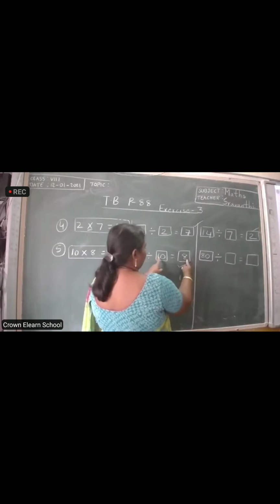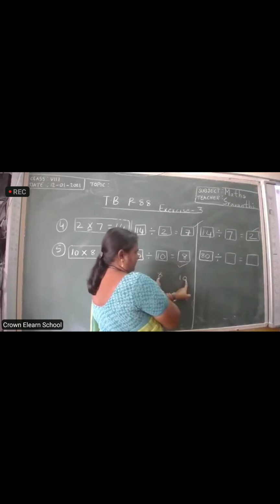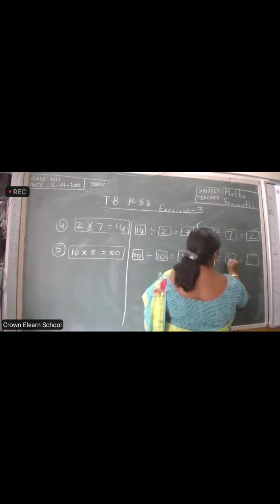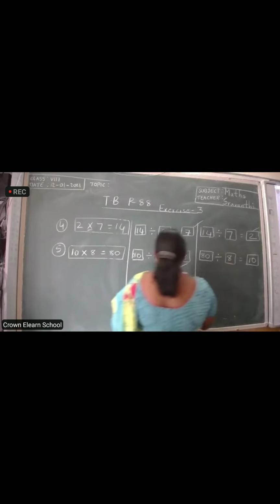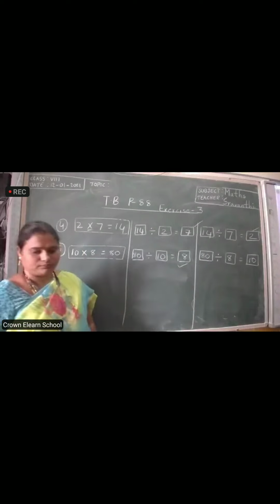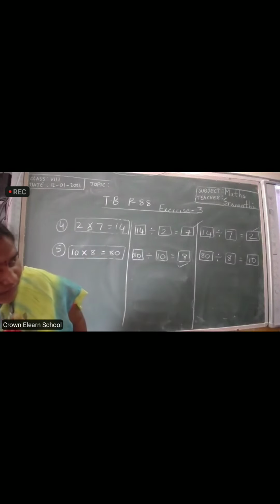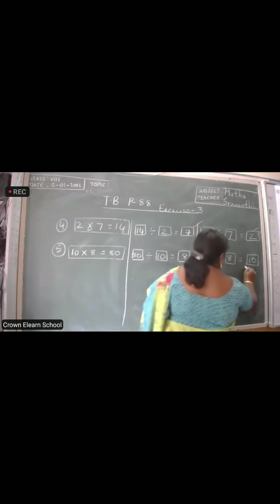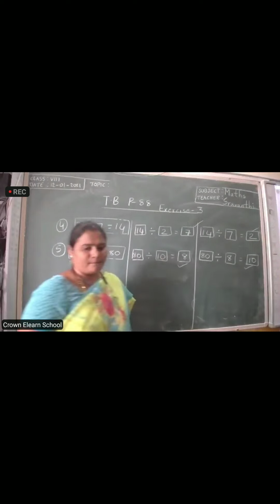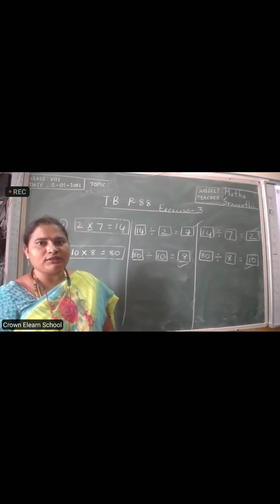So, 8, 10. Is your answer correct? If it is, you can tick. Very good, Dana. Good. Very good, children. Tick. All of you have done correct only now?